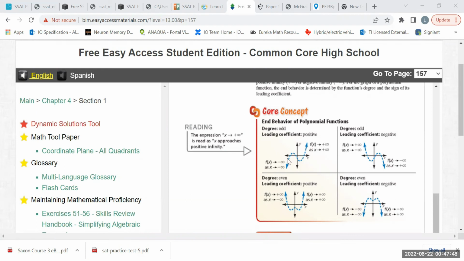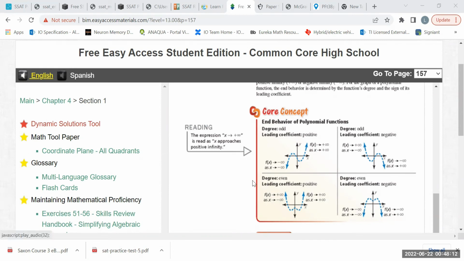And as x approaches negative infinity, f of x will also approach negative infinity. If the degree is odd and the leading coefficient is negative, then the graph is flipped. So as x approaches negative infinity, f of x approaches positive infinity. And as x approaches positive infinity, f of x approaches negative infinity.